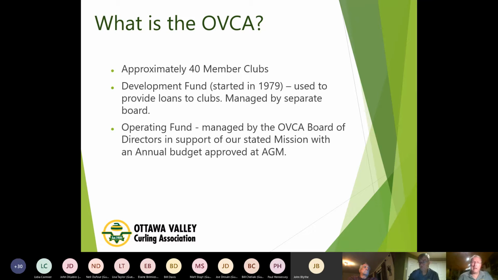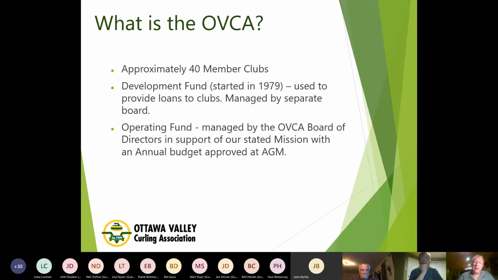The funds are invested, and the development fund is accessed by member clubs who wish to take a loan for capital purposes. So the ice plant broke down, emergency repairs, want to buy a new piece of equipment, and that development fund has been running since 1979 for that purpose. I'll have more to say on the development fund later in the presentation.